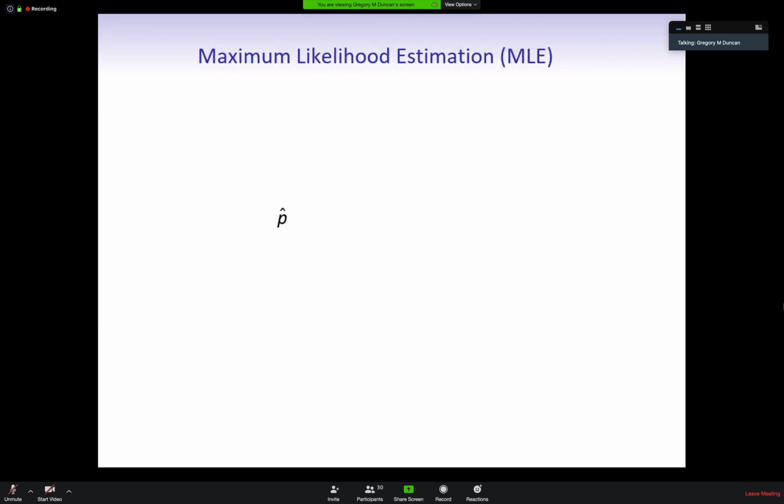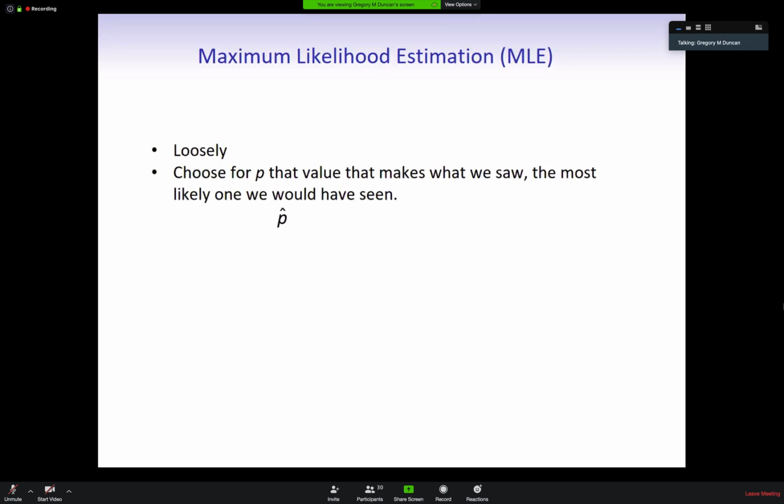Maximum likelihood. Loosely, what we're going to do is choose for P that value which makes what we saw the most likely one we would have seen. What do I mean by that? Well, we saw a bunch of ones and zeros. We have the likelihood as a function of the probability. And I say, what probability P is the one that would most likely, with highest probability, generate the data we saw?